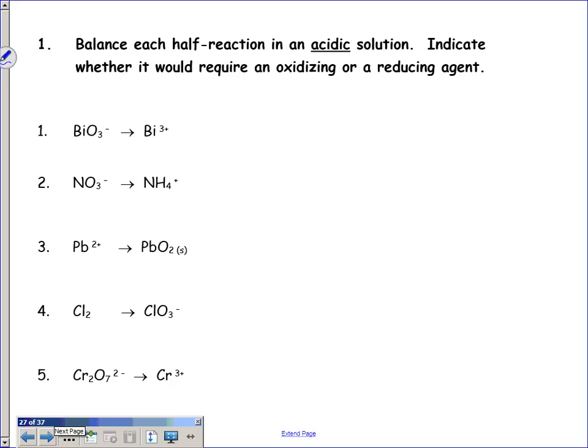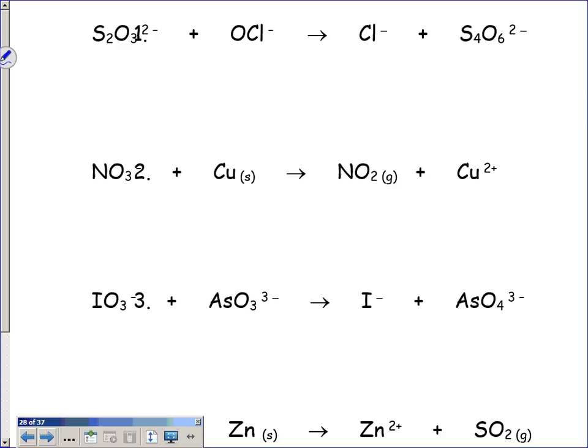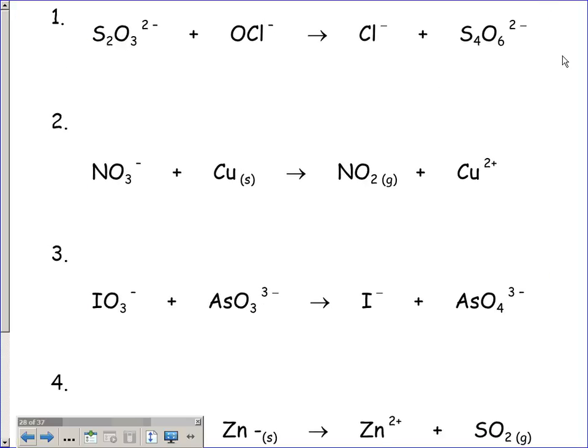These are all half reactions at the very top of your paper with the bismuth and such. Those are all just half reactions. I think I walked through that well enough with you guys. I'm going to start with this one. So what's the name of that? S2O3 2 minus. Thiosulfate. All right.